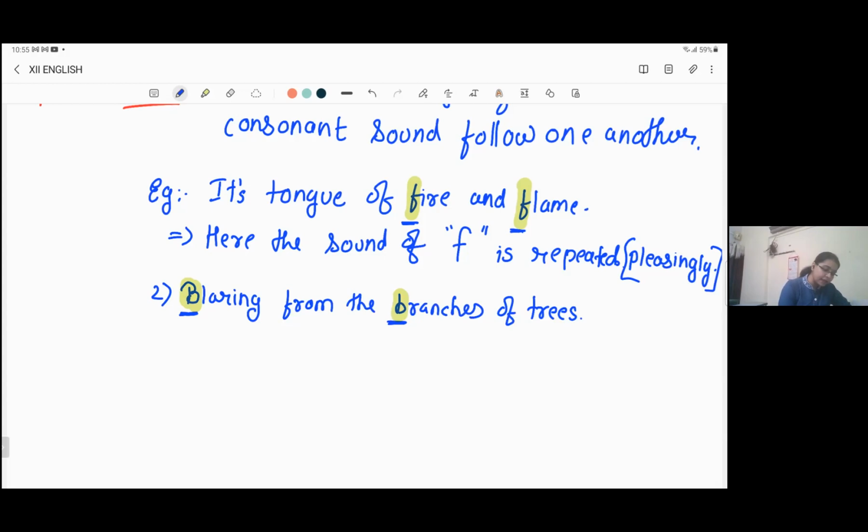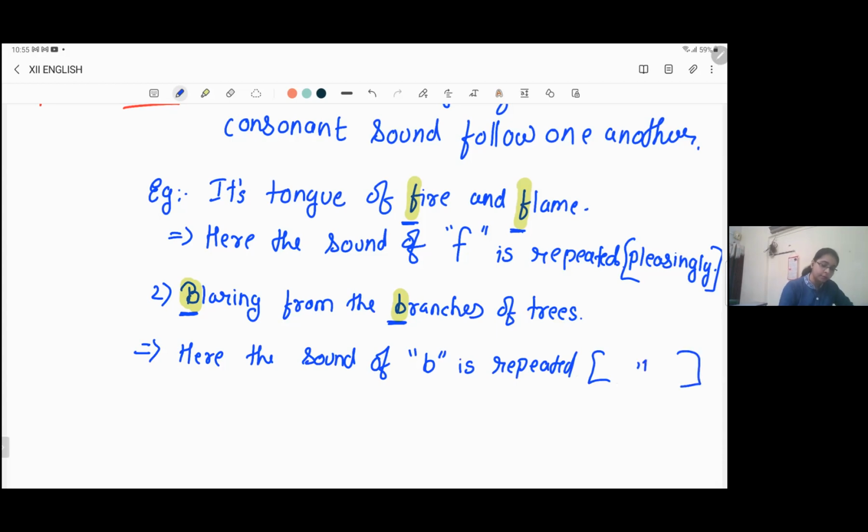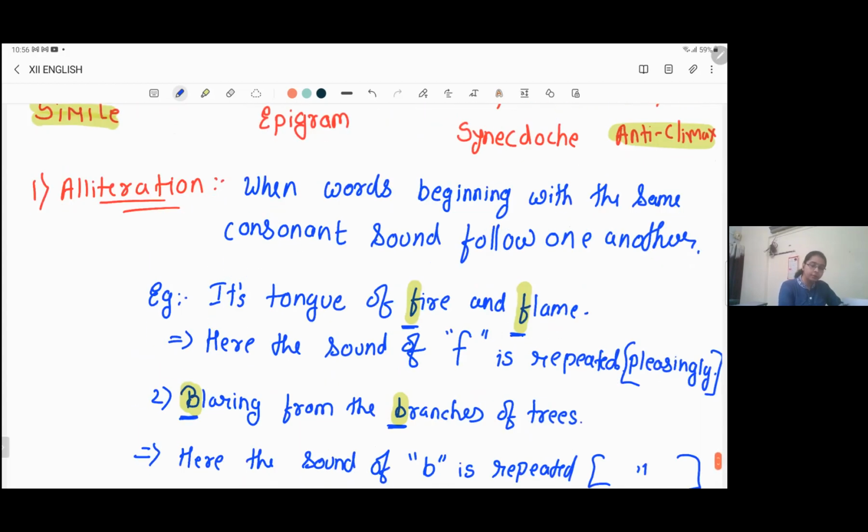Then what will you write? The same explanation you all are giving. Here, the sound of B is repeated. And you can write it in brackets here. Clear? This is your alliteration.